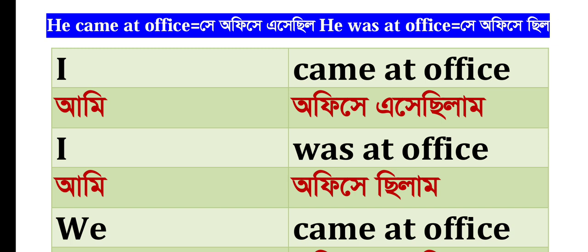The past form of be verb is was and were. According to the person, you have to set the past form. What will be the past form of be verb, was or were, and for which person will it be was, and for which person will it be were, you have to know.